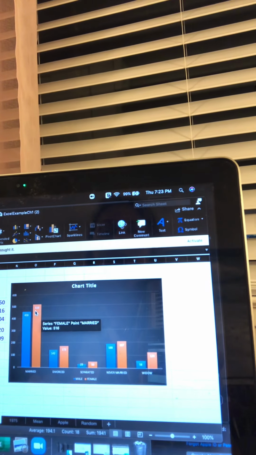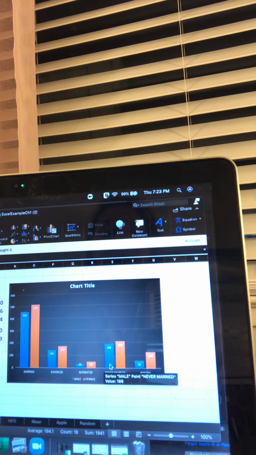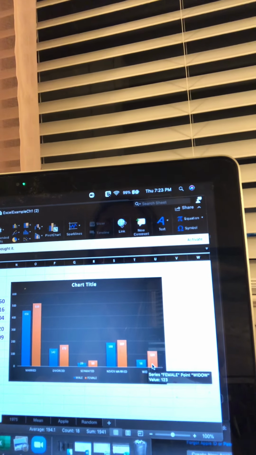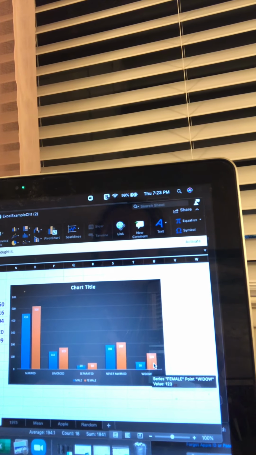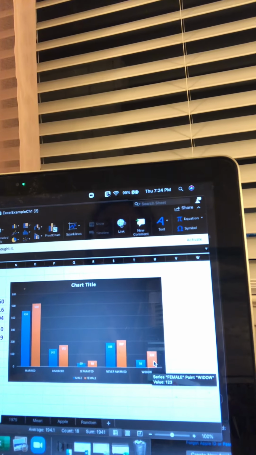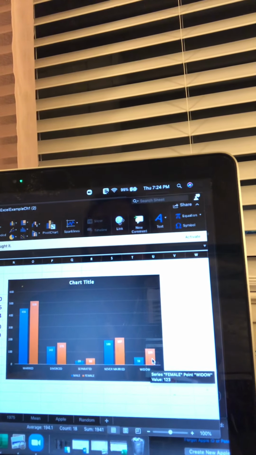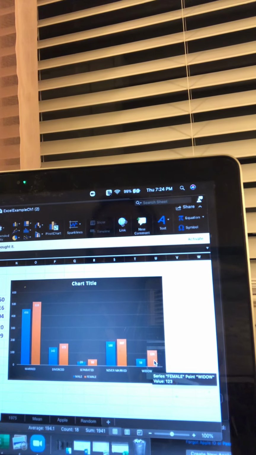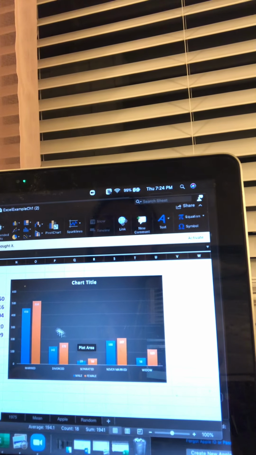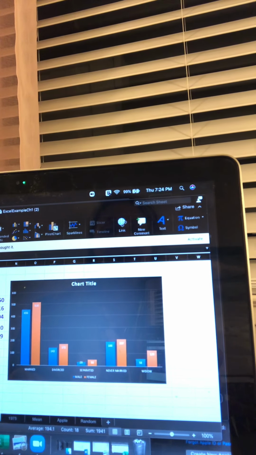As you can see, the females in each of these cases turned out to be slightly higher, and the widow rate is more than doubled. That's possibly because females tend to live longer than males, and that might have driven the results being higher for each of the instances versus the males.